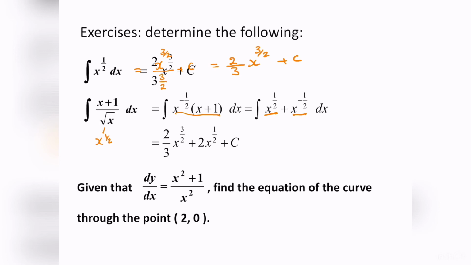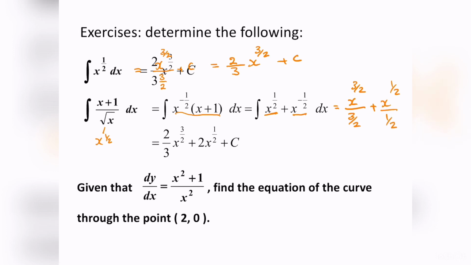And now to integrate, we will add 1 to the power here, so this is going to become x to the power 3 over 2 divided by 3 over 2. So just the step before this, x to the power 3 over 2 divided by 3 over 2 plus x to the power, now minus half plus 1 is half, divided by half.